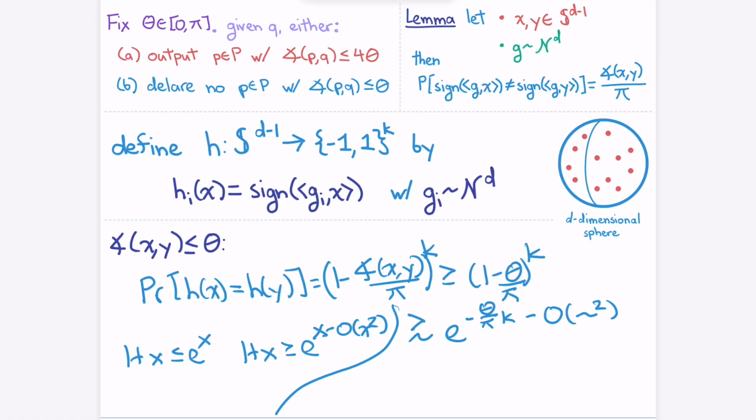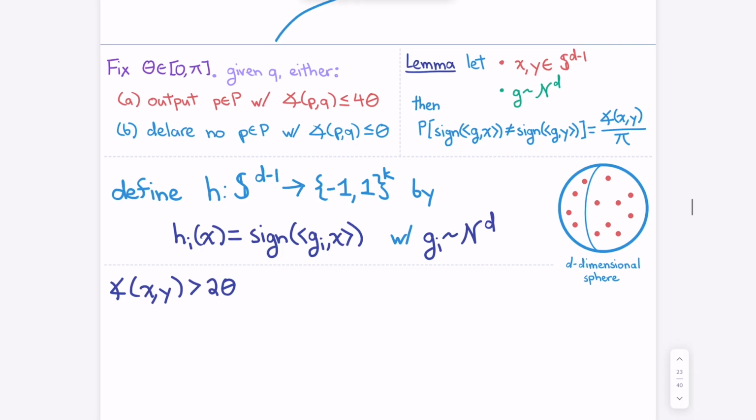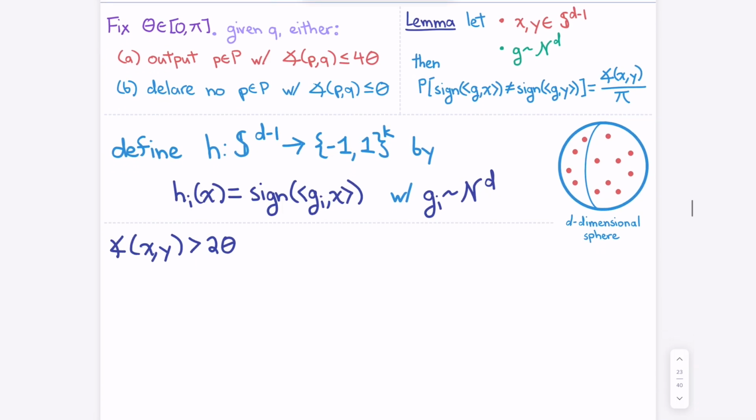It's roughly okay. Now, what happens when the angle is bigger than 2 theta? Now we'll look at the probability that h of x is equal to h of y. Now we want to show that this is kind of low, right? The first step will be the same because this part's exact.